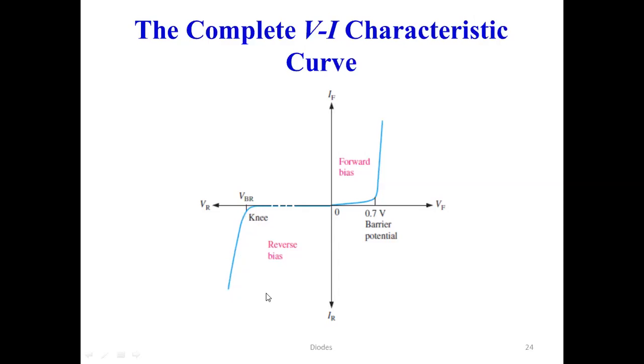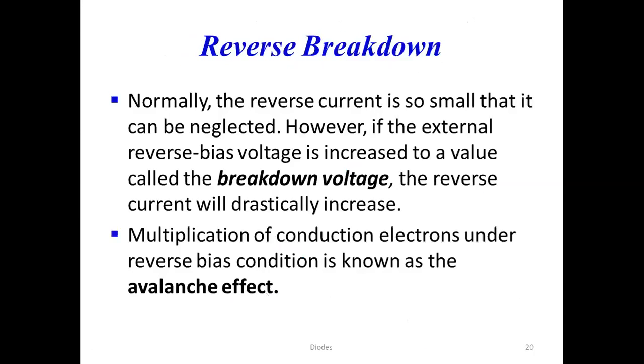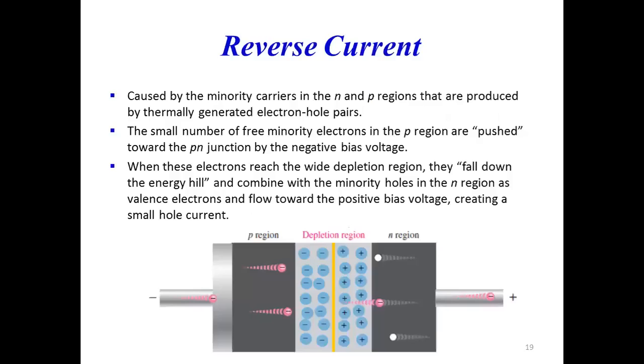So what is happening in that avalanche breakdown? We know that we are getting reverse current because of minority carriers. And whenever I am increasing reverse bias, the voltage across this depletion region is increasing. You are getting more and more electrical charge present at the depletion region.